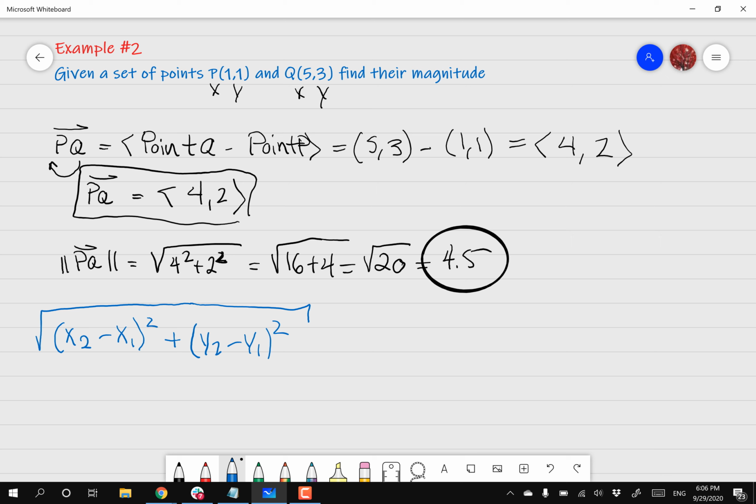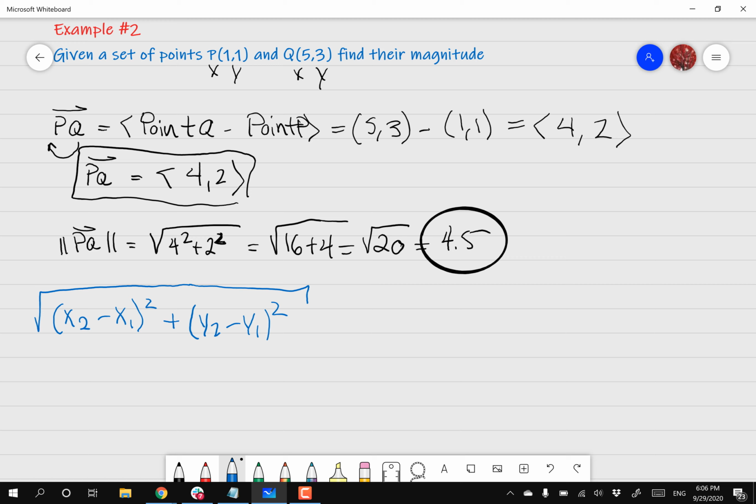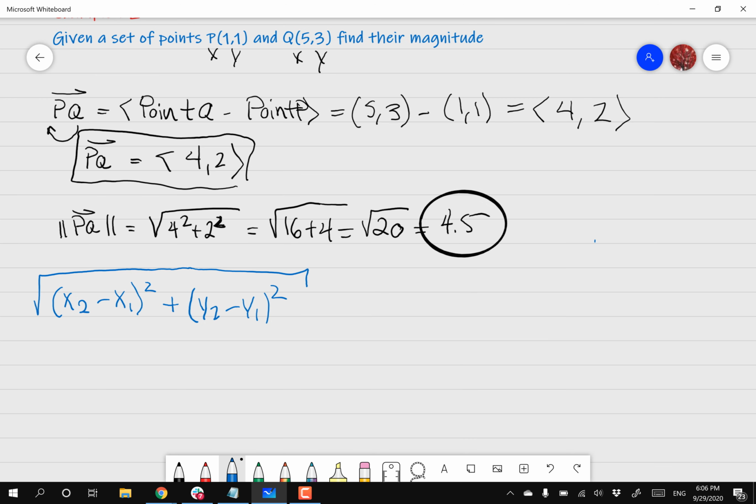Let me actually draw the points as well. So here's a coordinate plane, that's my y-axis, that's my x-axis.